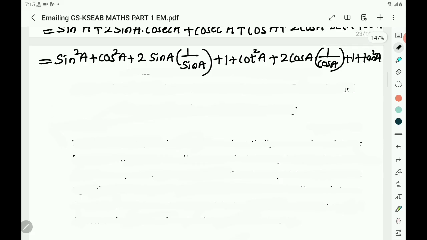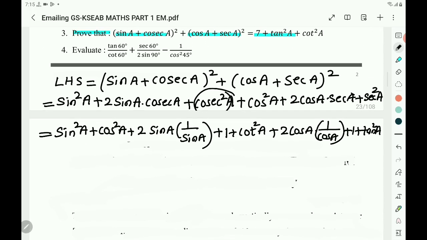Therefore, express secant square A as 1 plus tan square A.